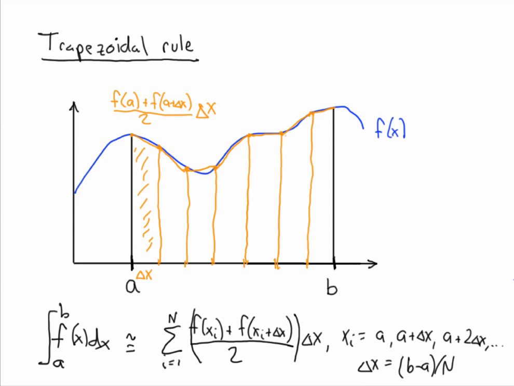And so that gives us the area of a trapezoid summed up over all of the small little segments. And in this case, just as in the last one, x sub i is a plus delta x, a plus 2 delta x, and so on, where delta x is the width of our interval, b minus a, divided by the number of intervals we want, n.